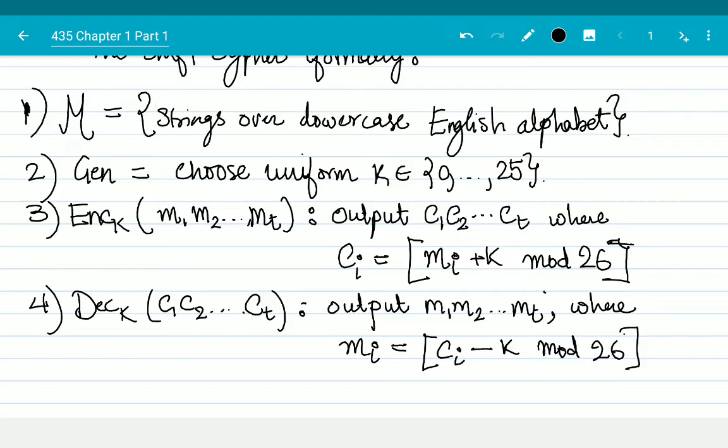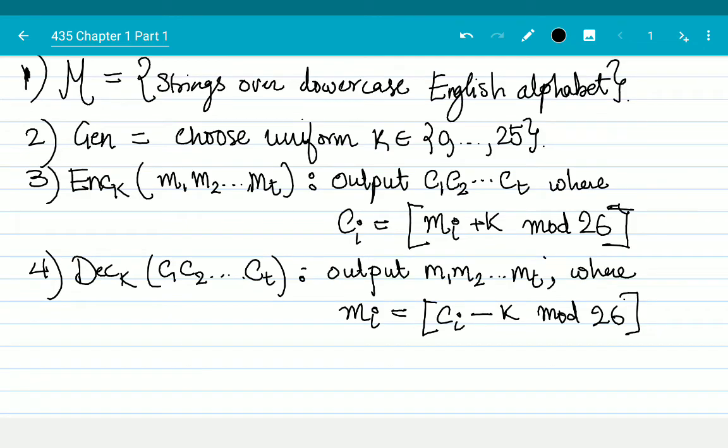So for example, if my key k was 5, and ci was, let's say, D, then the value of D is going to be 3. D minus 5 is 3 minus 5, which is negative 2, which by modulo is 24, and since 25 is Z, 24 would be Y.